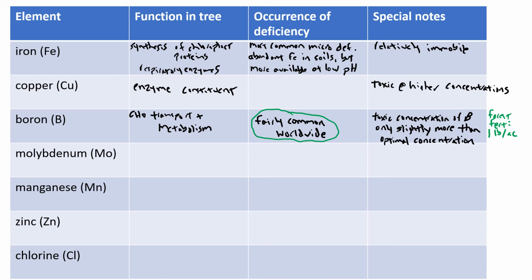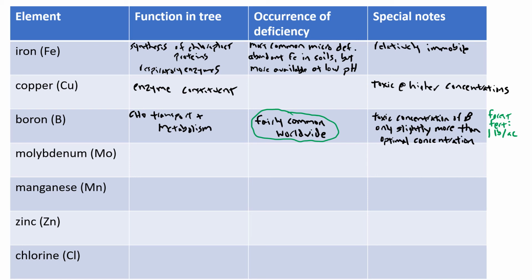And if you apply too much, you can poison the trees. So fertilization of micronutrients is tricky. And usually micronutrient fertilizers are, for instance, coated onto macronutrient fertilizers.